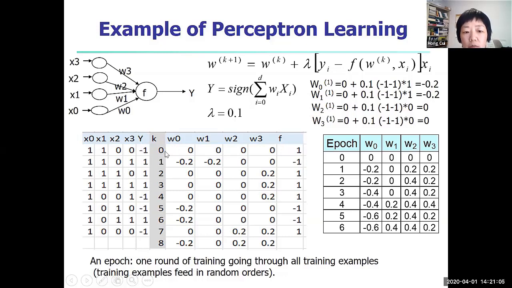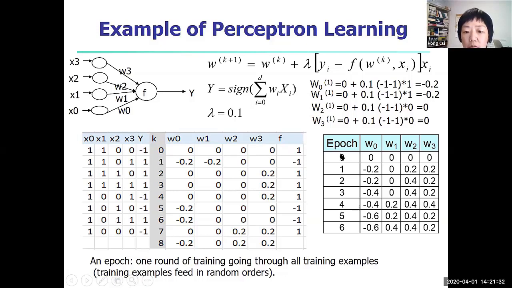So we pick a random example, update, pick another random example, update, until we completely run through all the training examples. That completes one epoch. And we do that for multiple epochs, many times. So you can see that the training process is computationally heavy.